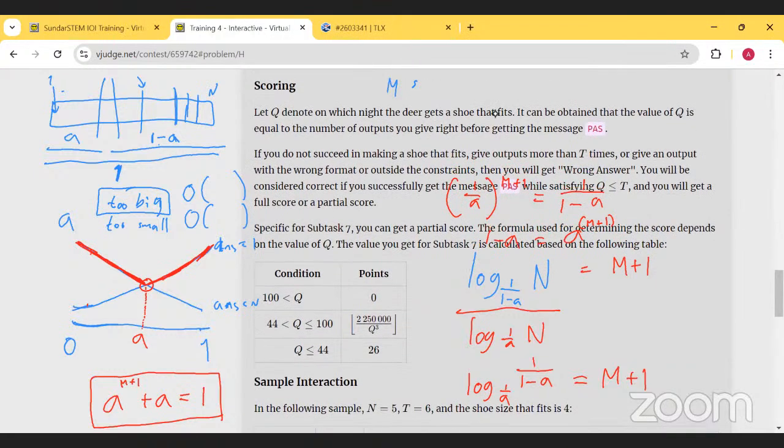So we can just binary search the value of A. Let's say try to find the middle value.